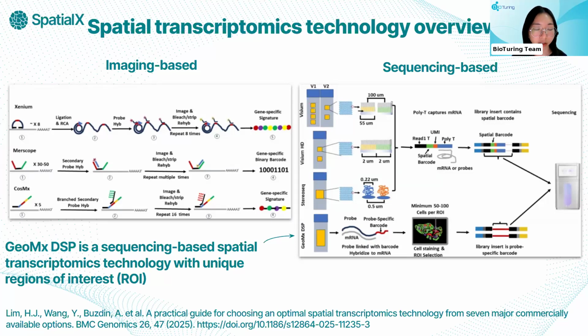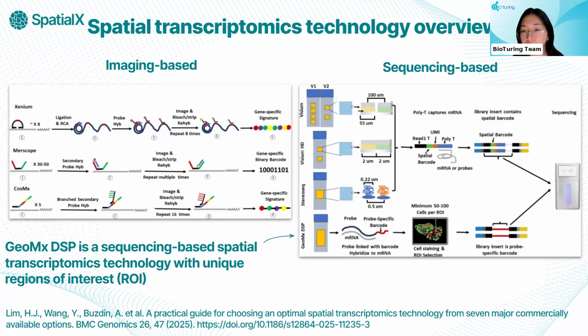Imaging-based technologies include a lot of the popular technologies such as Xenium, Merscope, and CosMx. This type of technology is really good at getting high single-cell resolution, so you're able to see the cell boundaries, the cell segmentation, and the cell centers. However, this comes at a trade-off of having a smaller gene panel or lower sequencing depth.